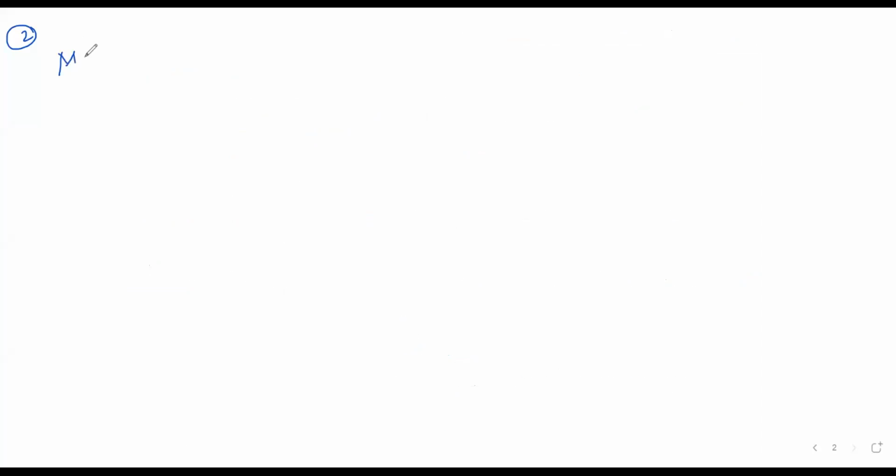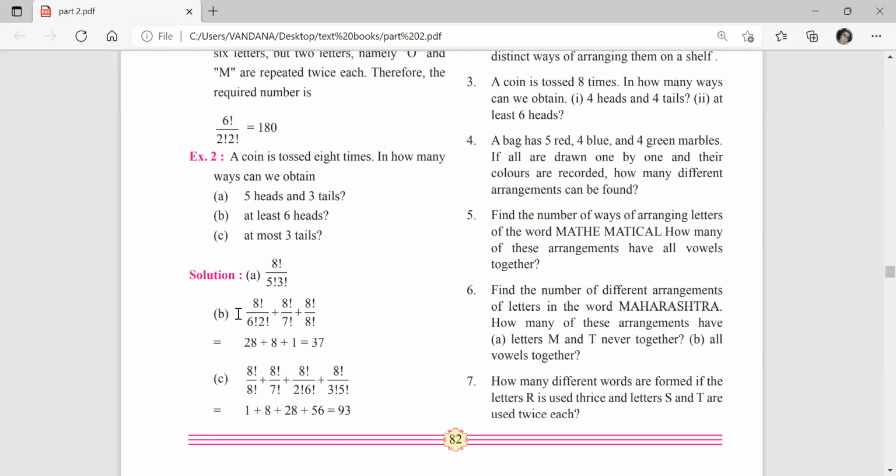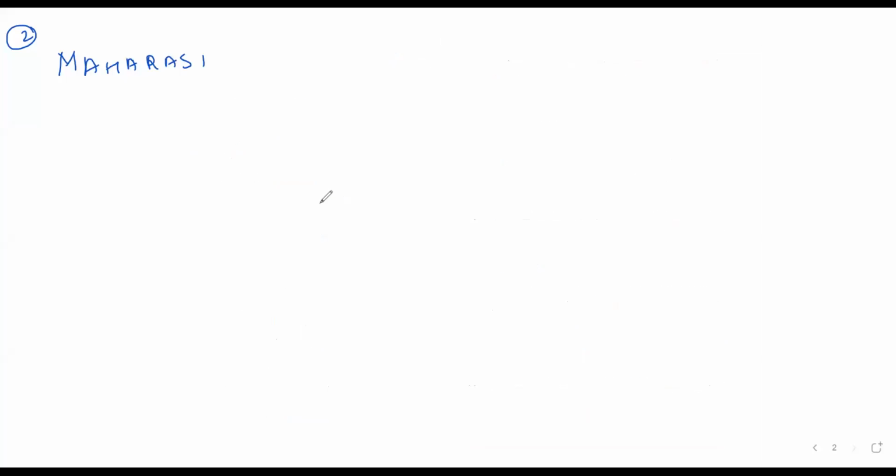So in the word Maharashtra, how many vowels are there? 1, 2, 3, 4. Only this many are vowels.